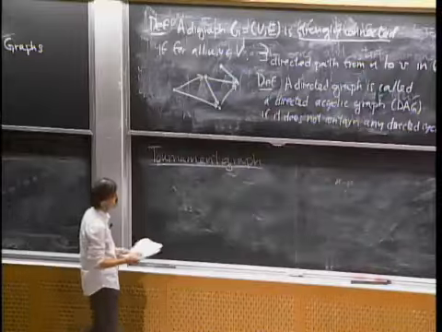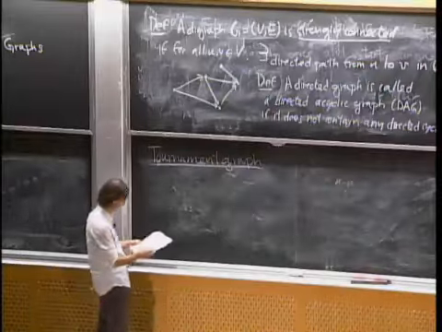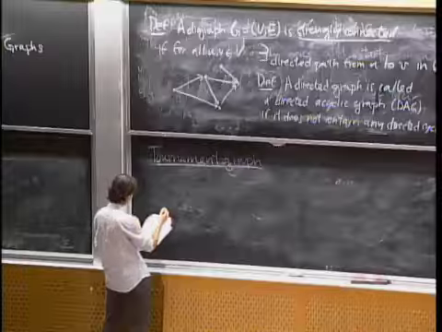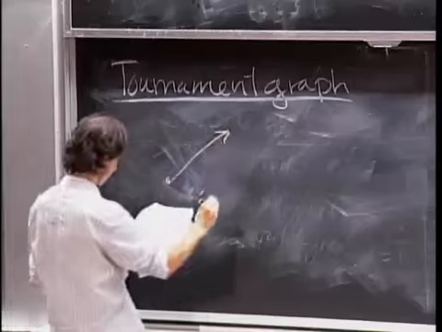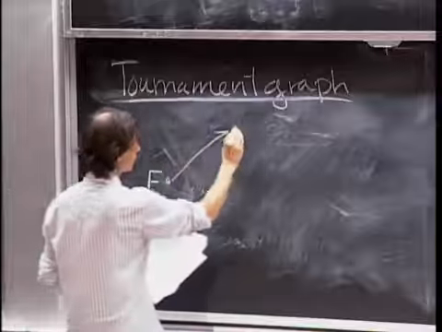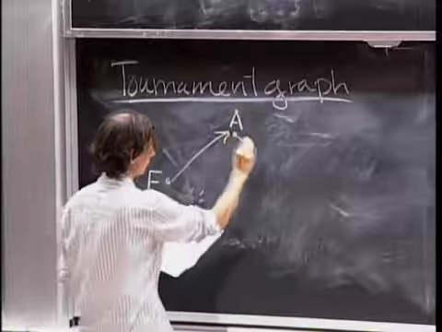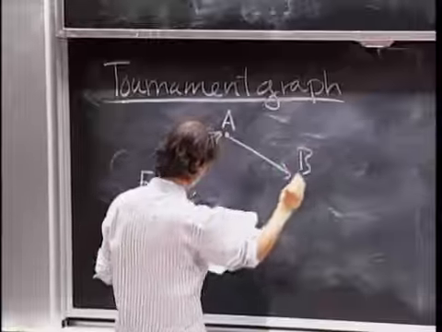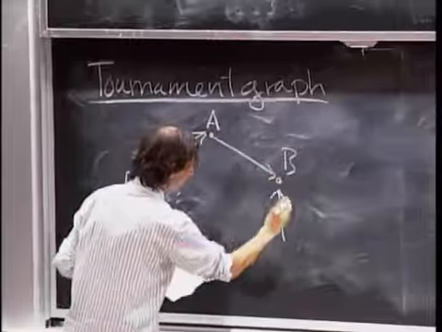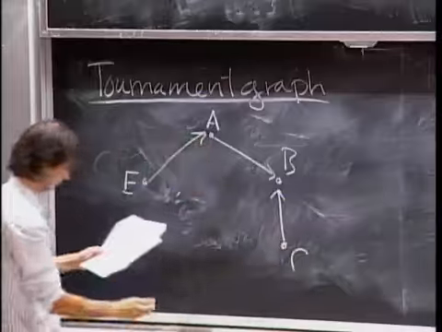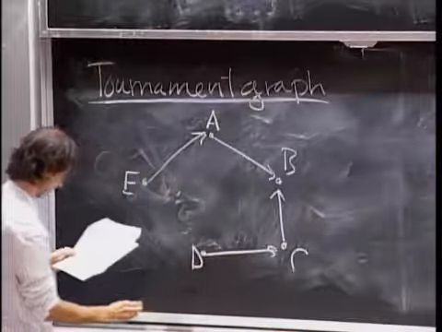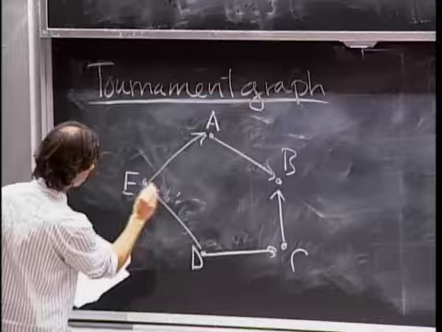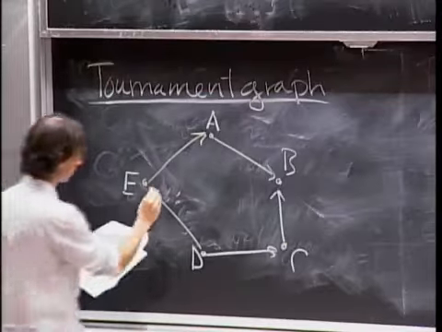And such types of graphs have a very special property. So let me first depict one. So for example, we have E goes to A, goes to B, incoming edge from C, one coming from D, and over here we have this directed edge.